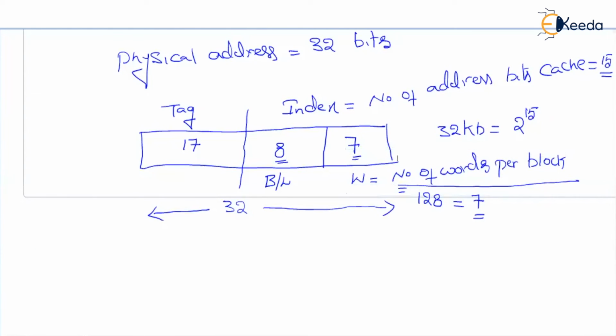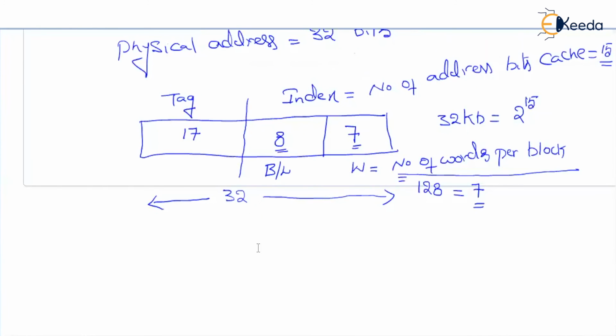And with one more small example, we'll finish it off. Let me take one more small example. Physical address is equal to, let us say, 24 bits.